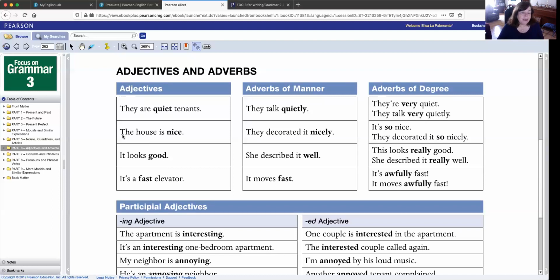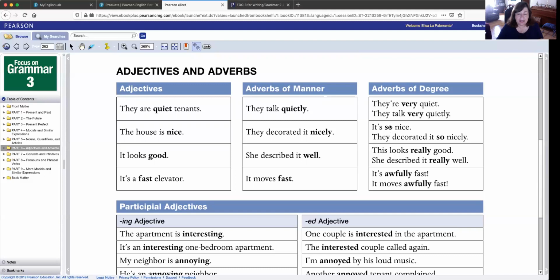So here are some more examples. The house is nice. The word nice is an adjective describing the house. They decorated it nicely. And the word nicely, very similar, of course, has an ly at the end. It's an adverb describing in what way they decorated it. Okay. It's so nice. Here is an adverb that tells us how nice it is.